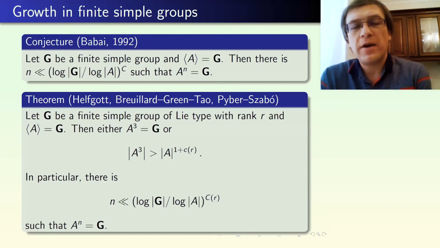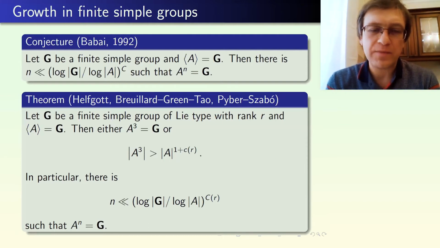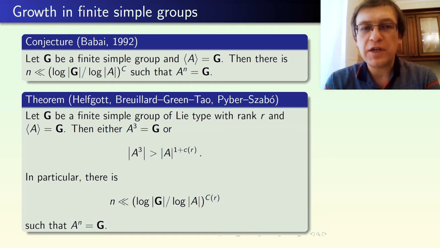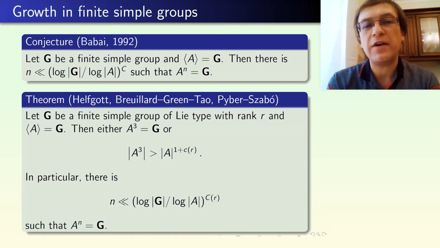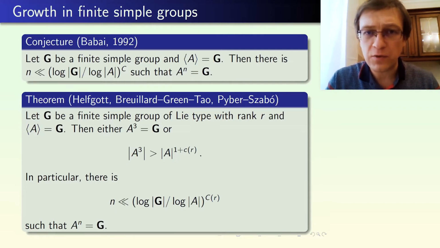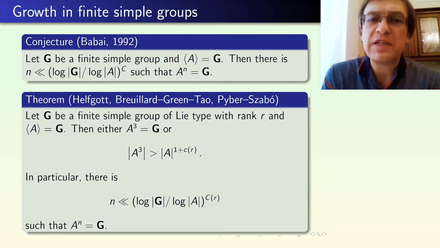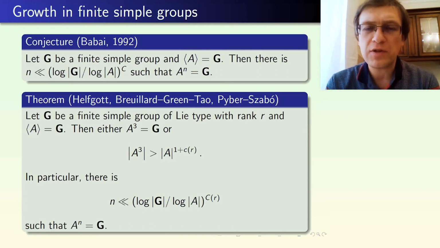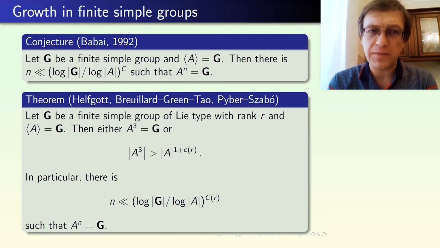There is a huge and very interesting Babai conjecture, which asserts that if I have any subset A of any finite simple group which generates the group, so I write it in this way, A generates G by taking products or inverses of A, it's not important, then actually A generates my group G very effectively.